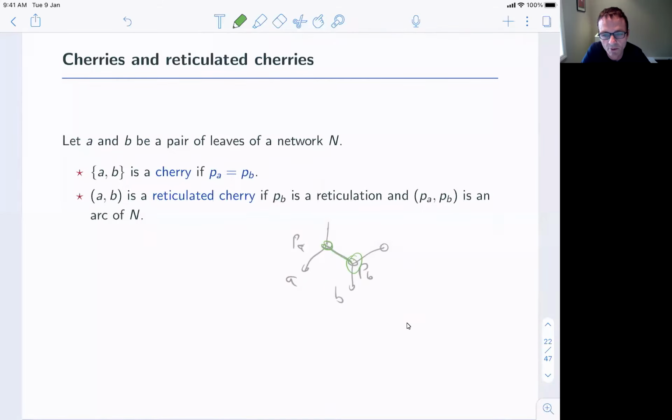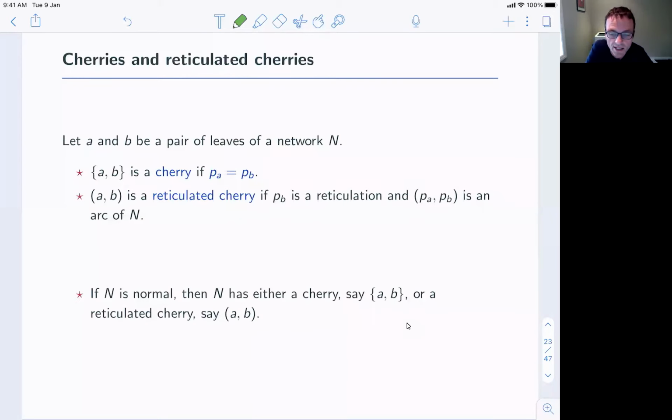And that's a reticulated cherry. As many of you know, if you're working on these types of networks, a cherry and a reticulated cherry make a very natural object to do the reduction on. Right, so here's a little result that we need. If N is normal, then N has either a cherry or a reticulated cherry.